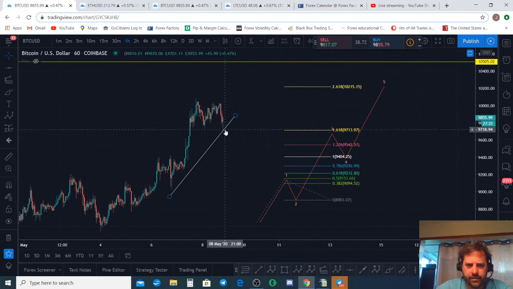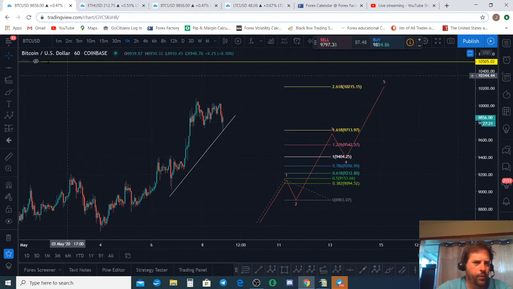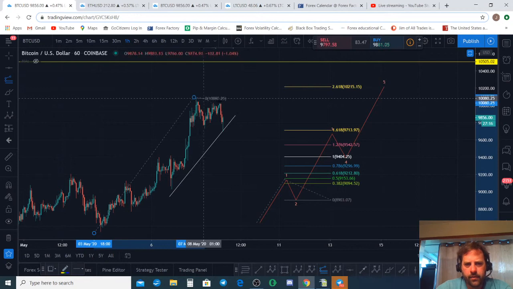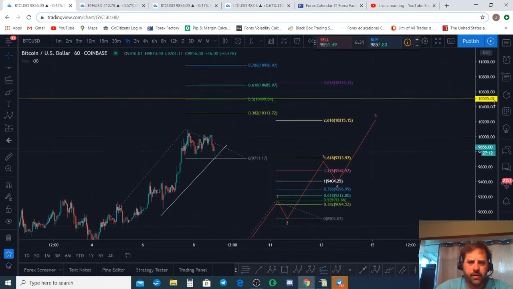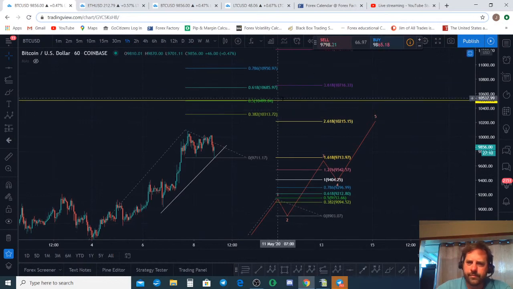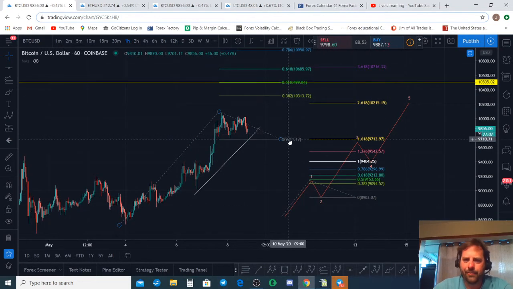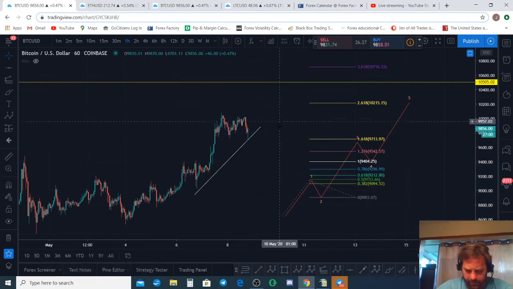All that's 3. This could be 4, and then we get the fifth wave. So if that's the case, where do we come? Still targeting 10.3, 10.5. There's some fibs up there. It's a tough one, guys. Sorry I'm rambling here, but anyway.